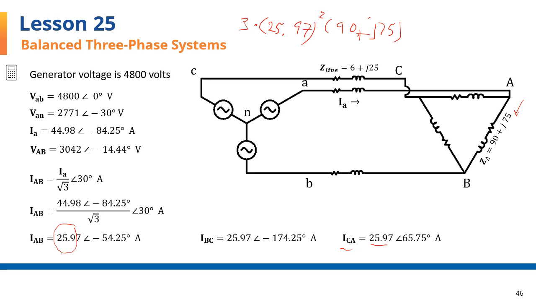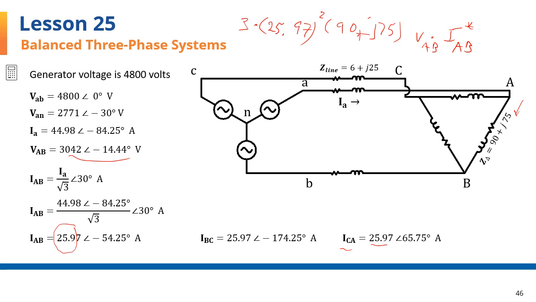Another way would be to simply do VAB, which we have here, times IAB conjugate. Let me just put those values in.